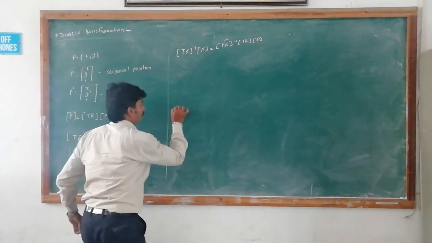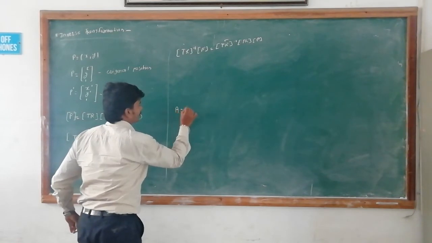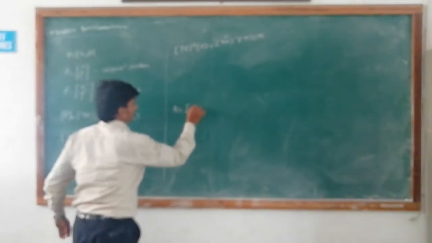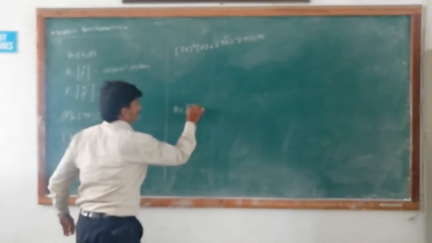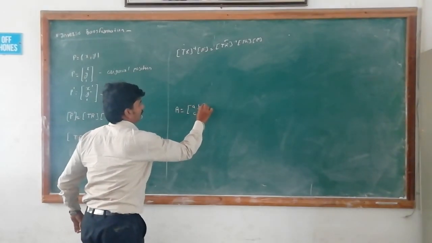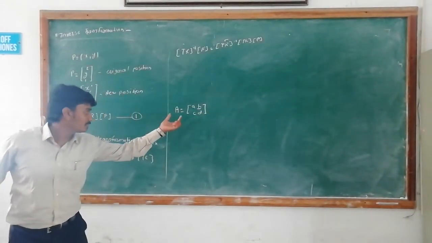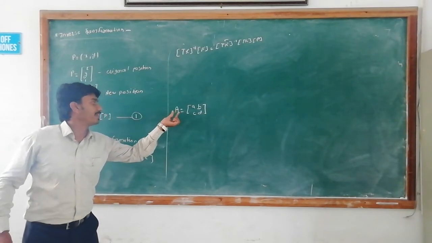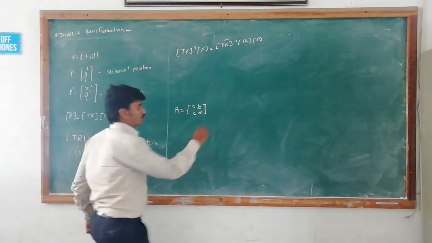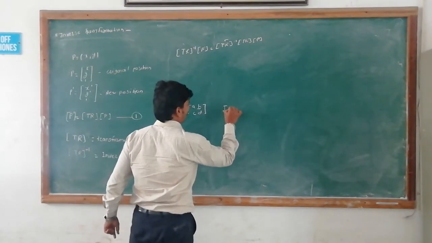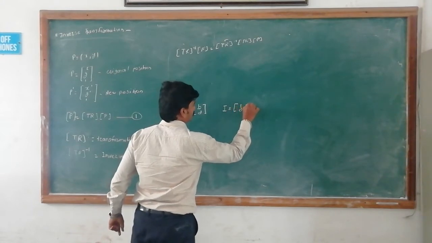Suppose A is a matrix with values A, B, C, D, and I multiply this matrix A by a unit matrix. The unit matrix can be written as I and it has values 1, 0, 0, 1.